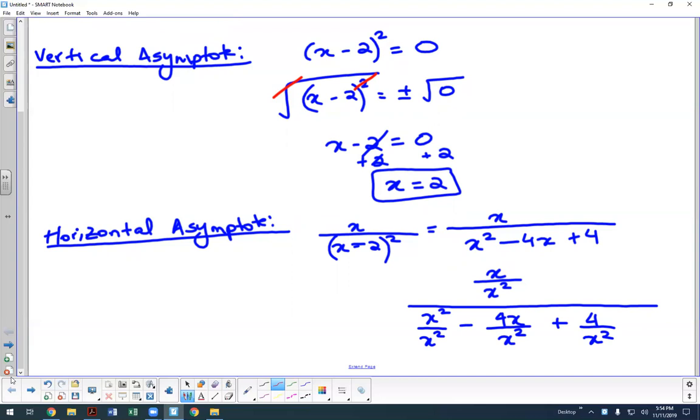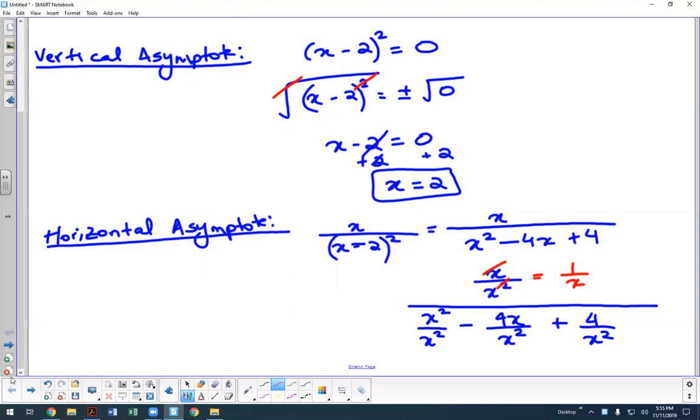So for the numerator, one of the x's will cancel out, leaving us behind with 1 over x. And as x is going to infinity, where is the value of our fraction going? Zero. It is going to 0.